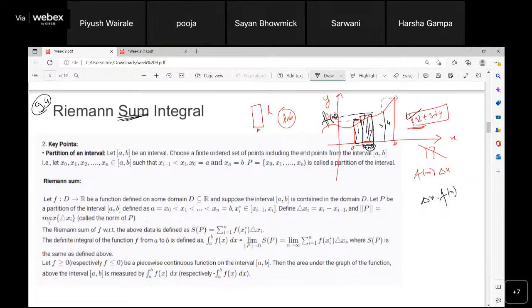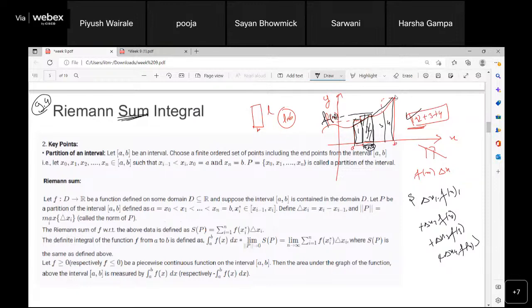Similarly, I will do this for delta x1 f of x1, delta x2 f of x2, plus delta x3 f of x3 plus delta x4 f of x4. Similarly, I am calculating for all the 4 intervals, and if I sum them, I will get the area of this curve. This is the basic concept.